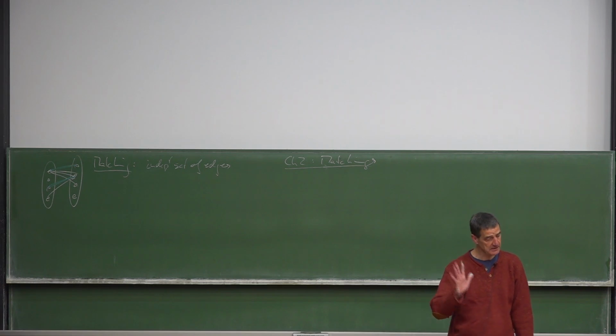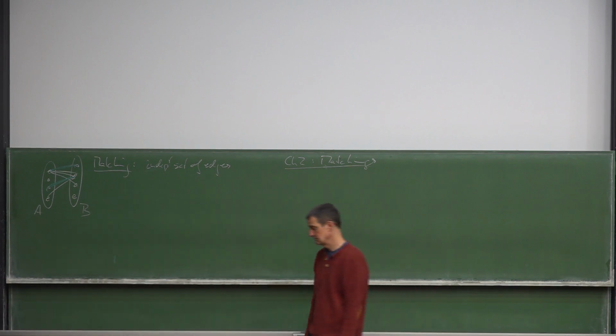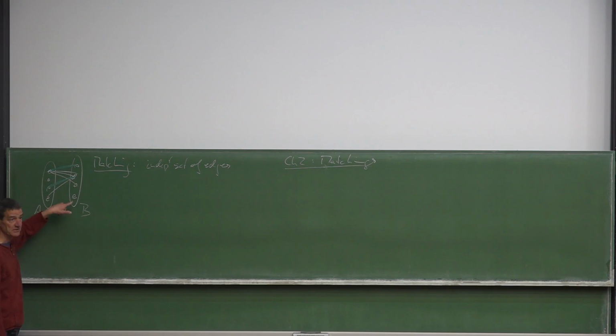And one particular question, when the graph is bipartite, so with classes A and B conventionally, is: does there exist a matching that covers all the vertices in A? That has been investigated and solved. And so the classical application would be, these are jobs to be done. These are people that can do the jobs. I mean, not everybody can do every job, but some people can do some jobs.